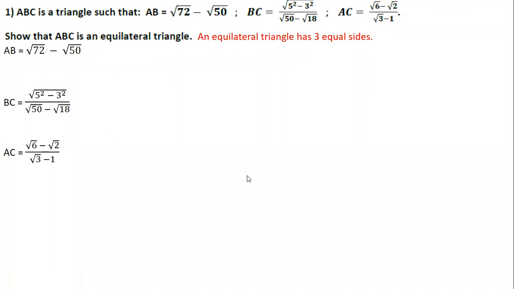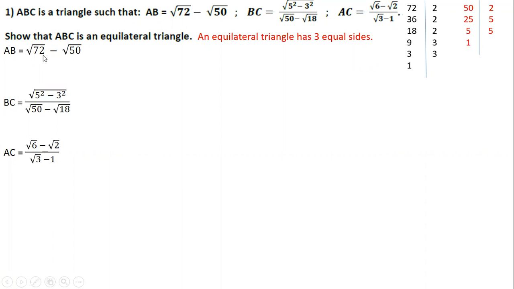So this is the prime factorization of 72, as you see it here to the right, and beside it is the prime factorization of 50. So we do the prime factorization of 72 and the prime factorization of 50.